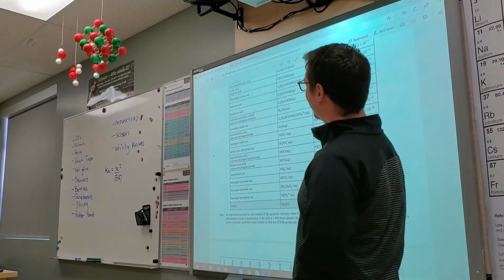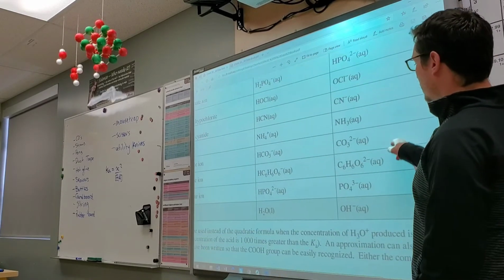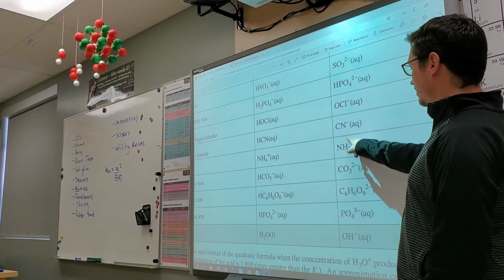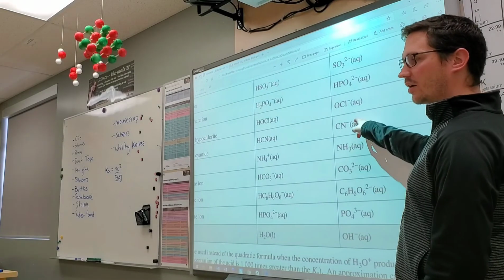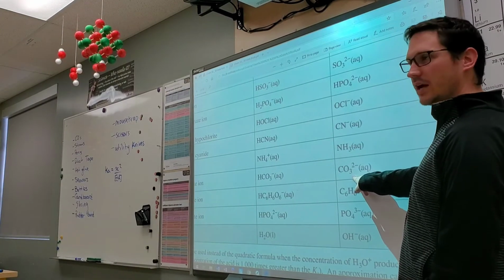What does carbonate look like? CO3 2 minus, and what does cyanide look like? CN minus. Which one's the stronger base? Carbonate, right? Big time carbonate.